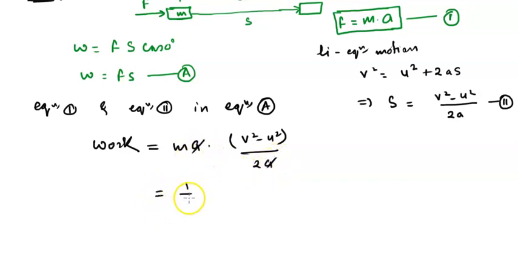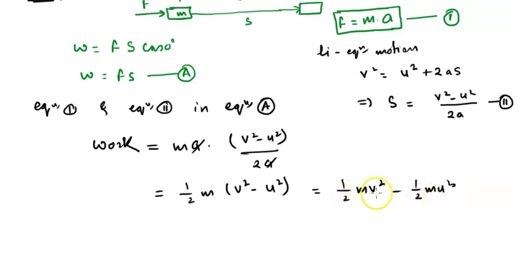Now we can write this as half m v square minus half m u square, which is the work done.